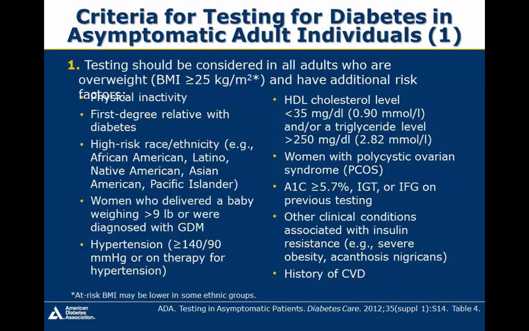If you're hypertensive or on therapy, if you're dyslipidemic, if you have polycystic ovarian syndrome, if your hemoglobin A1C is more than 5.7, or if you're glucose intolerant, or if you have any other conditions that could be associated with hyperglycemia, such as acanthosis nigricans, which is basically a hyperpigmentation of the skin produced by an autoimmune disease as well as diabetes. Any history of CVD also should be tested.